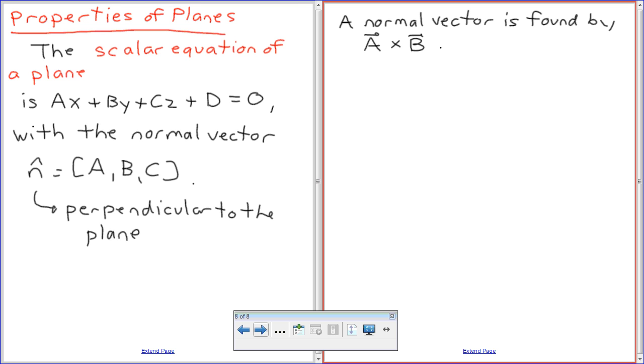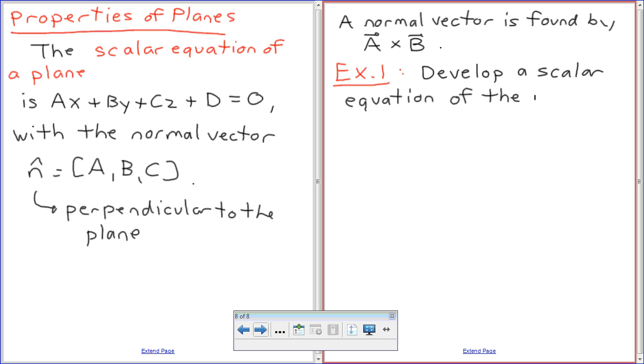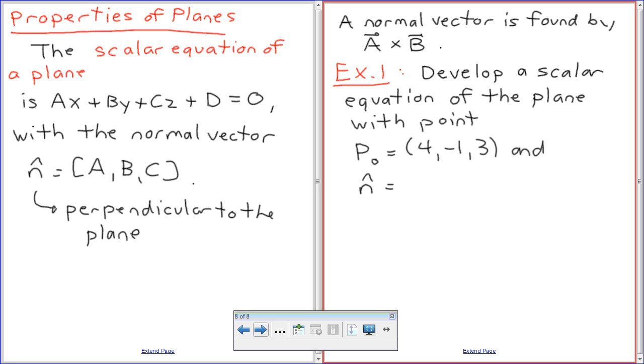Example 1. Develop a scalar equation of the plane with point... Okay, well, this one's a class to make sure that life is good, and then we'll go here.